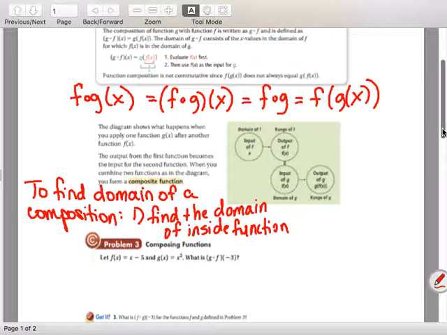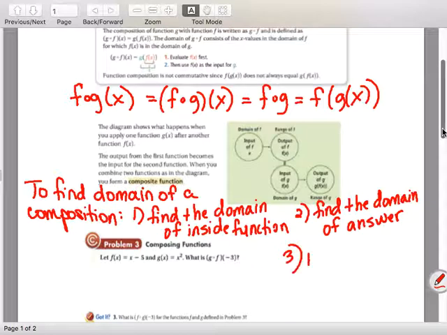The second thing you do is find the domain of your answer. Then you look for the intersection. And the intersection is the domain, okay?